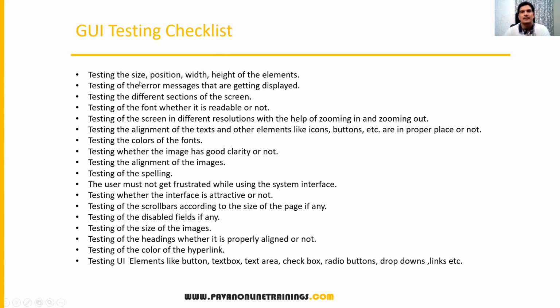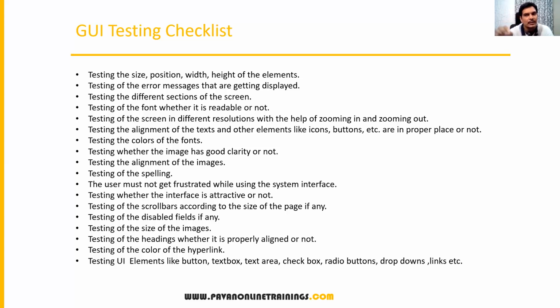And the next one is testing the error messages that are getting displayed. Whenever you do some kind of invalid action, suppose there is a text box, and the text box allows 8 characters, for example a username.